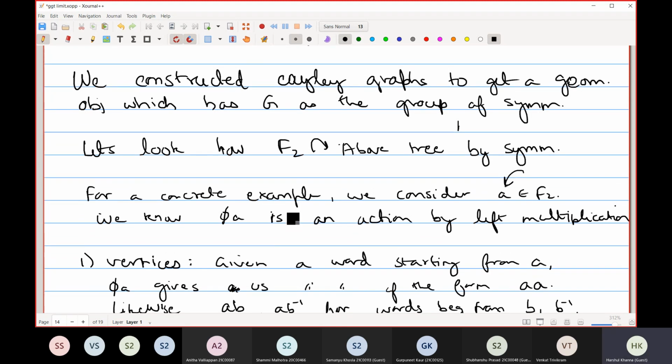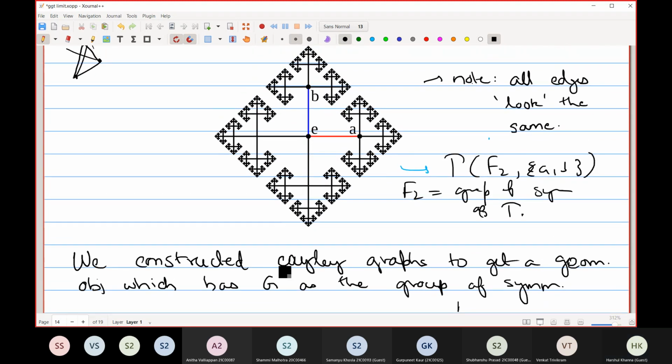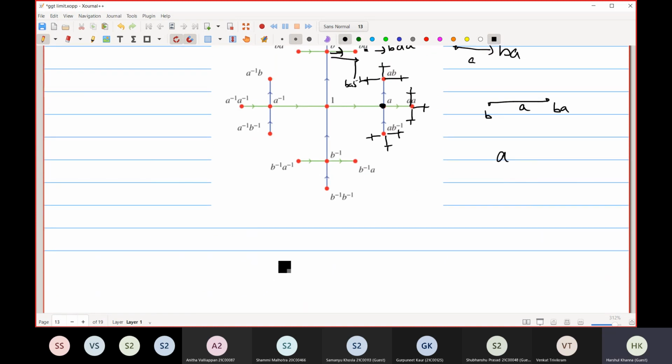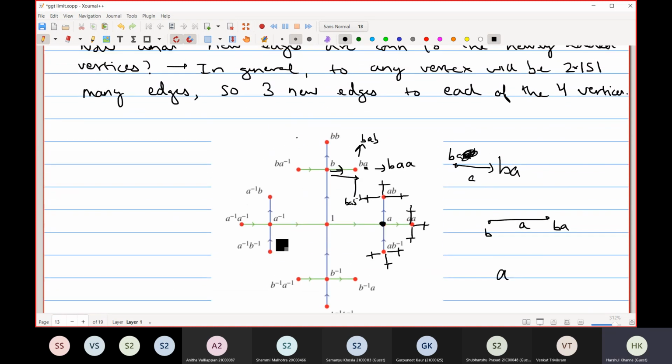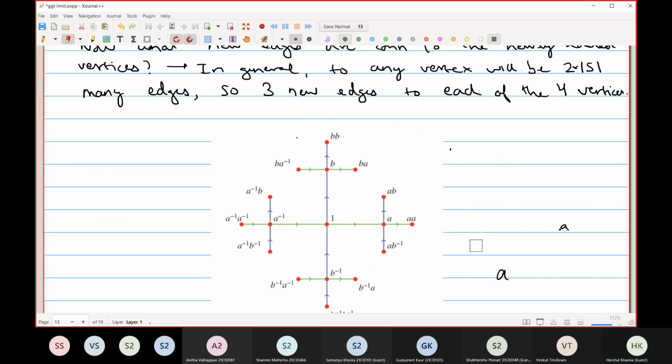Now, we know that phi of A is an action by left multiplication. So let's look at vertices. Each and every vertex we are left multiplying by A, right? So 1 goes to A. What about A?